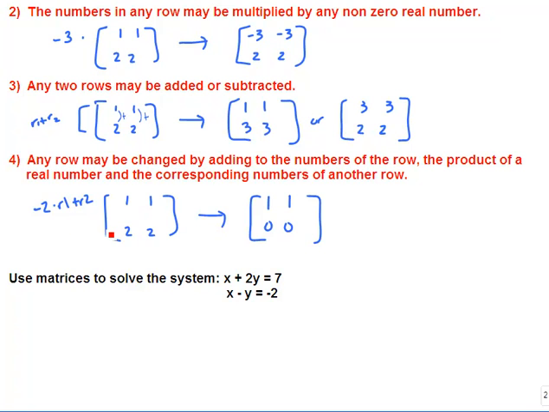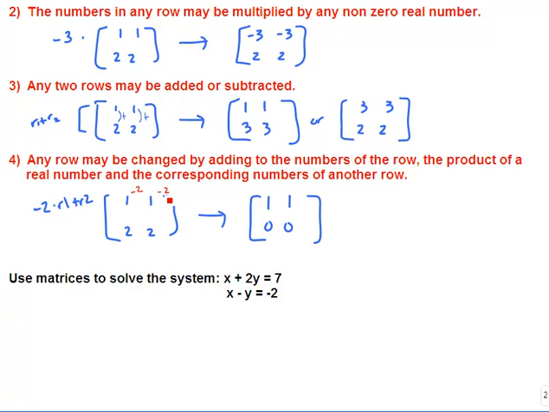Now a lot of times I try not to do this in my head because I'll make lots of arithmetic mistakes. So to avoid that, what I do is I kind of show my work a little bit. If I take -2 times this top row, then 1 times -2 would be -2, and 1 times -2 would be -2.